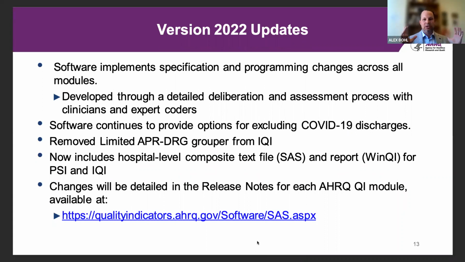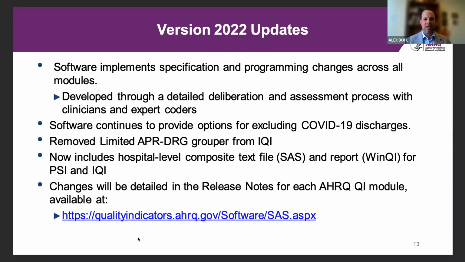Once we make these more wholesale changes, we focus on more specific tailored changes that go through a testing process. So we implement changes to the specifications, such as the numerator or denominator inclusion exclusion criteria, as well as programming changes that could improve the user experience. And Veronica will talk about some of those in the next section.